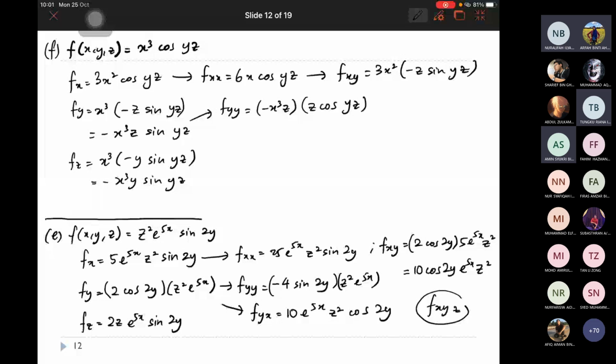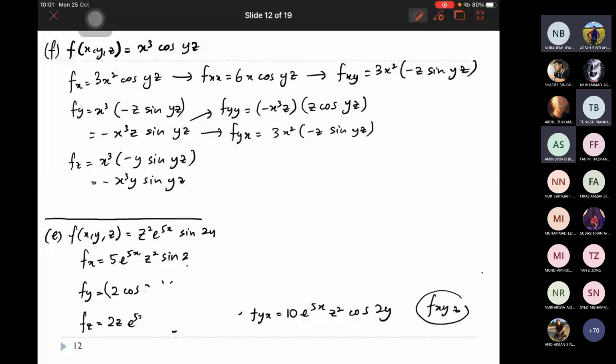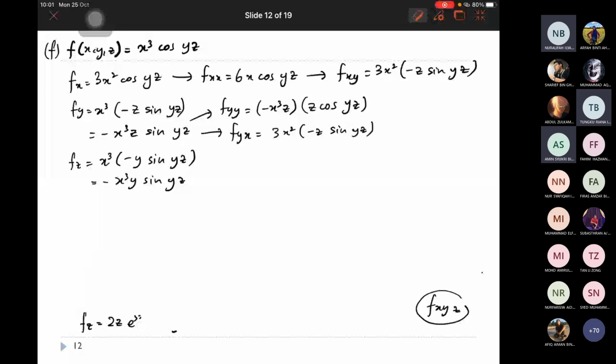So kalau FYX dia akan jadi 3x squared negatif Z sin YZ. So dapat. Then FXYZ. FXYZ tu panjang sikit.